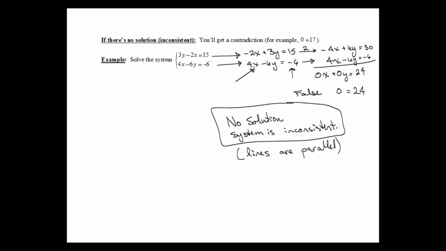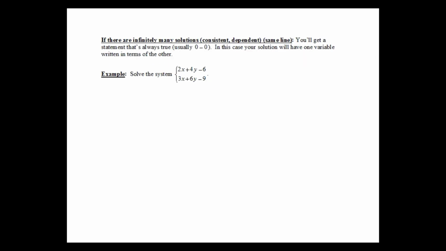Now let's look at the other special case that can happen: the consistent dependent system. Okay, let's solve this one by elimination as well. Let's multiply our first equation by -3 and our second equation by 2.